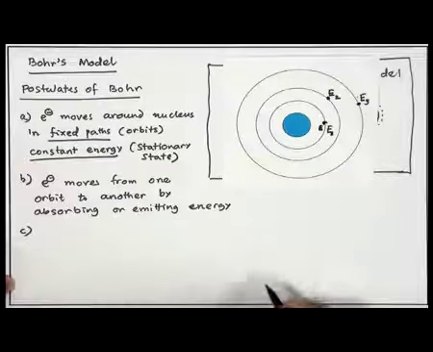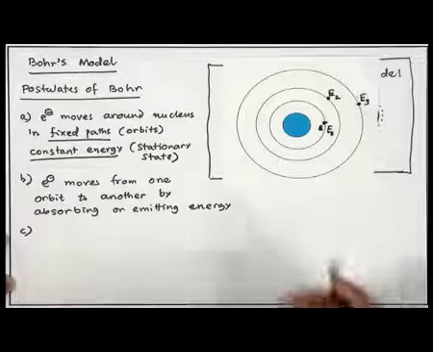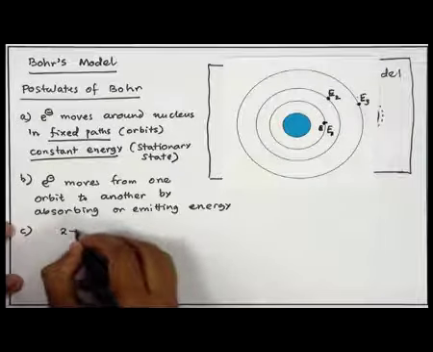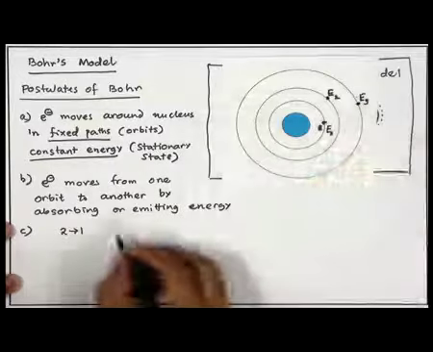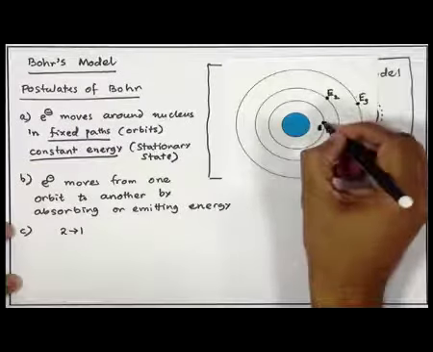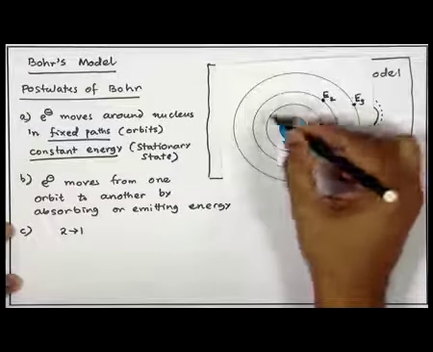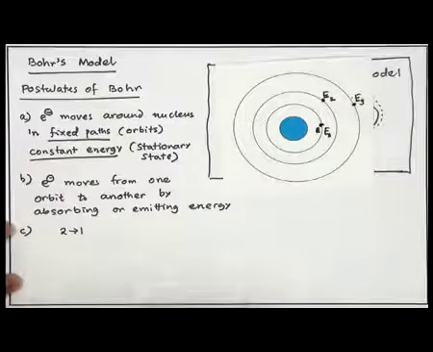In the third postulate, he said what is the value of this energy that the electron has to absorb or emit. So, let us say that the electron is going from 2 to 1, or second stationary state to the first stationary state. The first stationary state we also call the ground state. This is where the electron would like to stay unless you excite the system.